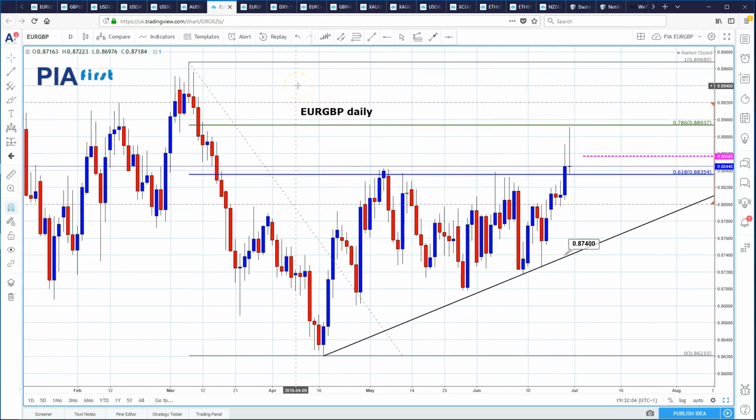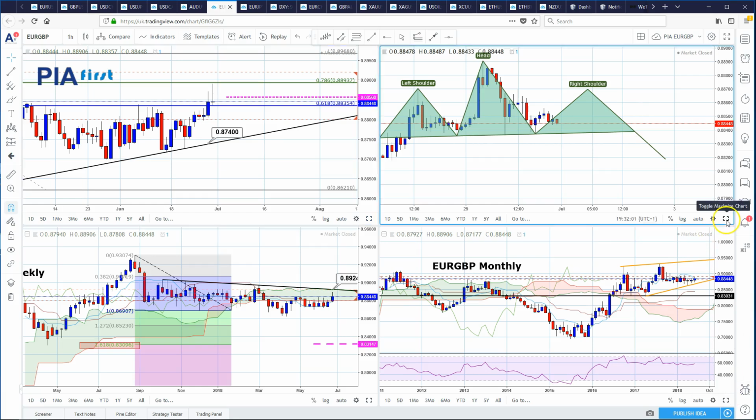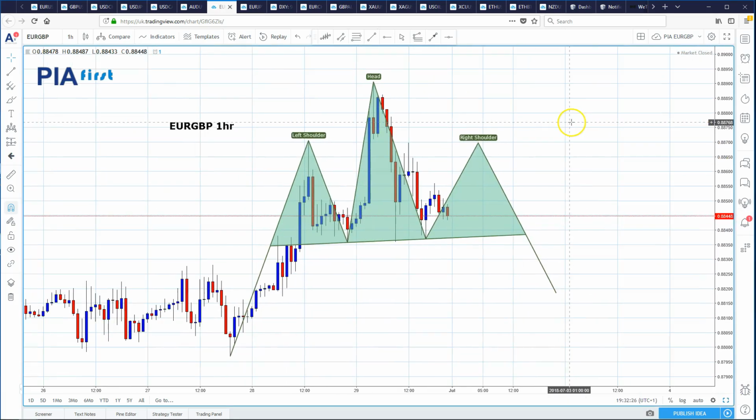Euro sterling, we broke to the upside of the ascending triangle formation. However, levels close to the 78.6% pullback have found some selling. We've posted a doji style candle on the daily chart. If we go to this chart, we are long actually at 88, I think it's 88.50.